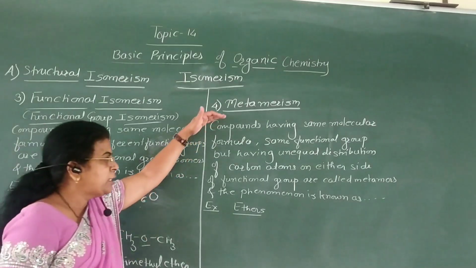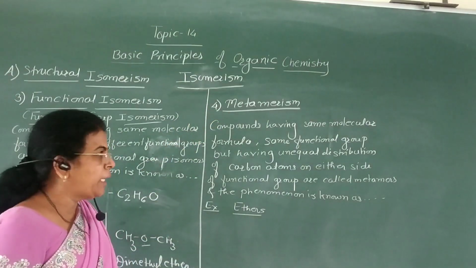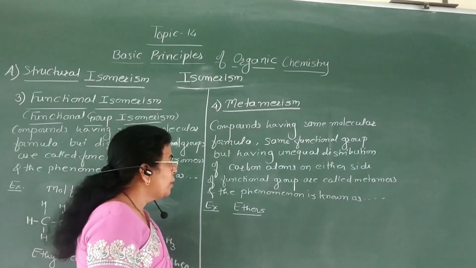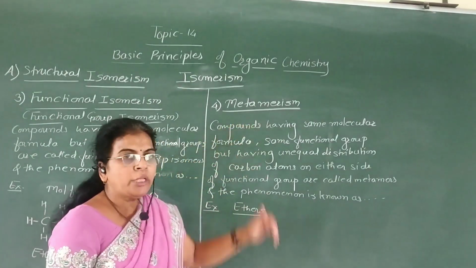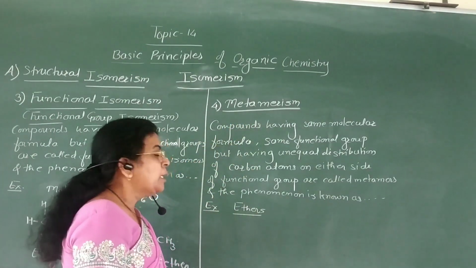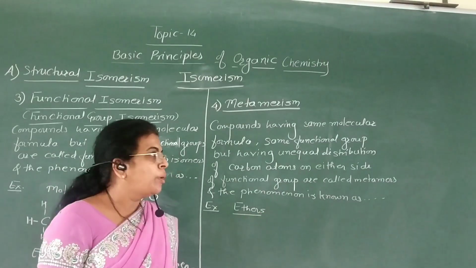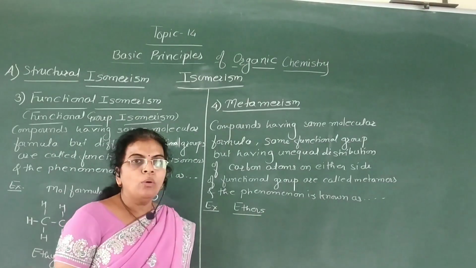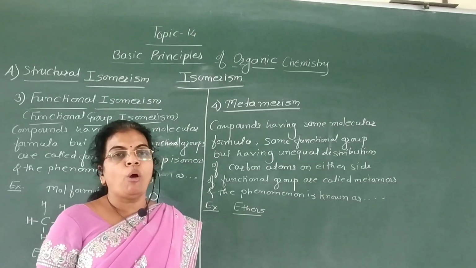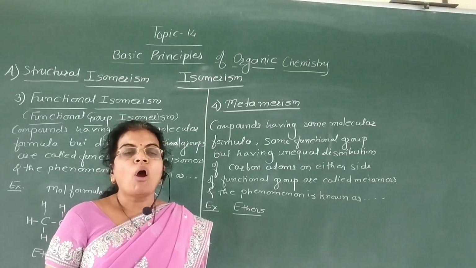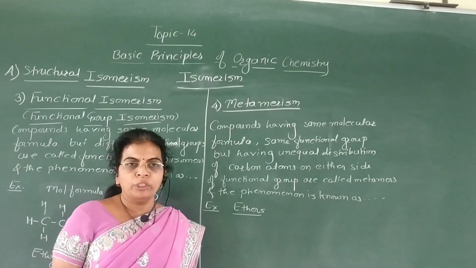Then the next is metamerism. In metamerism, compounds have the same molecular formula and the same functional group, but there is an unequal distribution of carbon atoms on either side of the functional group.